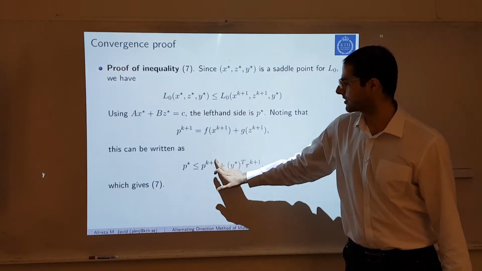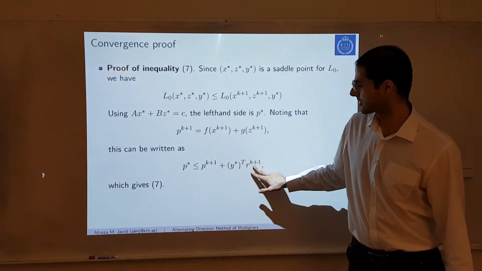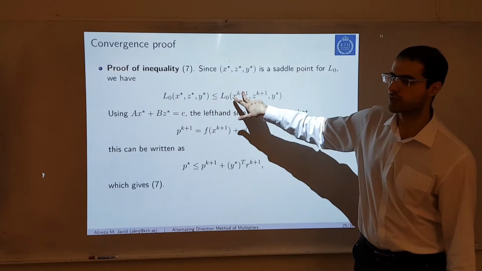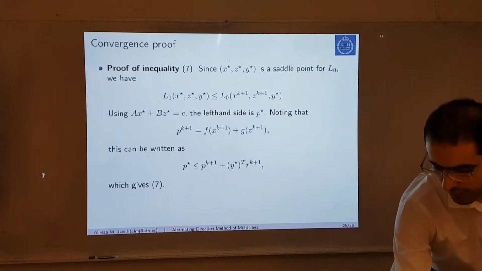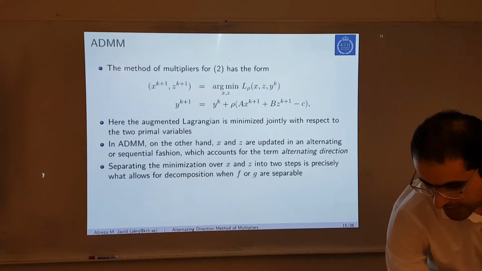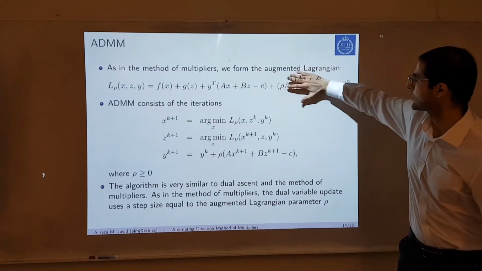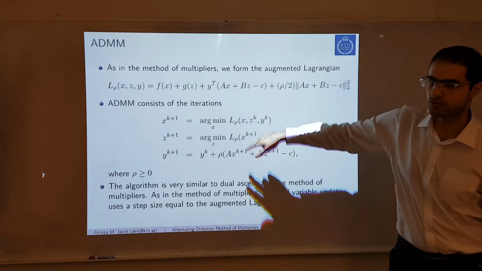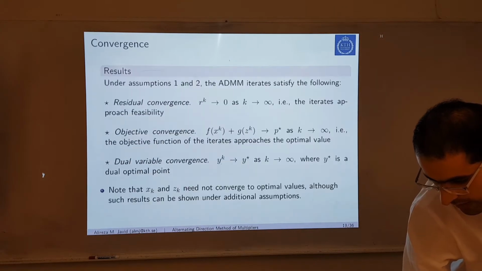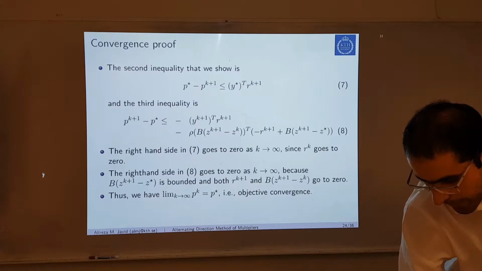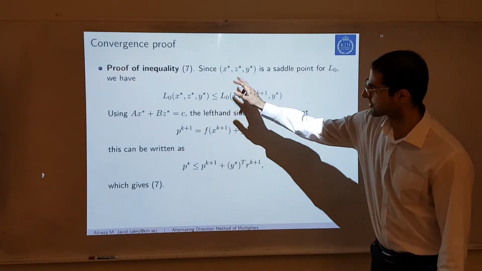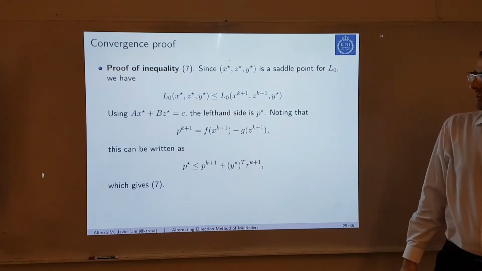And what we have here is pk plus 1 plus this term. Because we're talking about the Lagrangian at the point 0, so that rho is 0. So if you remember, yeah, we only have that guy, and this will be y star times residual. So we have this inequality, and you can just rearrange it, and you will get inequality 7.